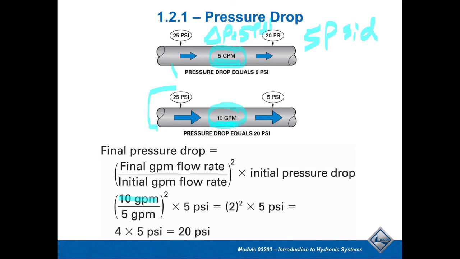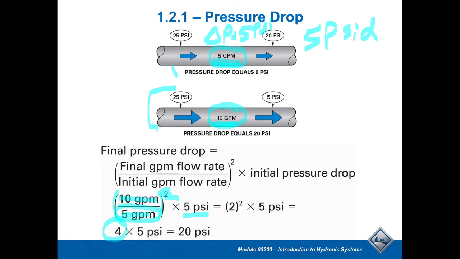The way the numbers look is, we take 10 GPM, which is the after flow rate, and divide that by the initial flow rate of 5. That's 10 divided by 5, which is 2. This quantity is squared, and 2 squared is where the 4 is coming in.